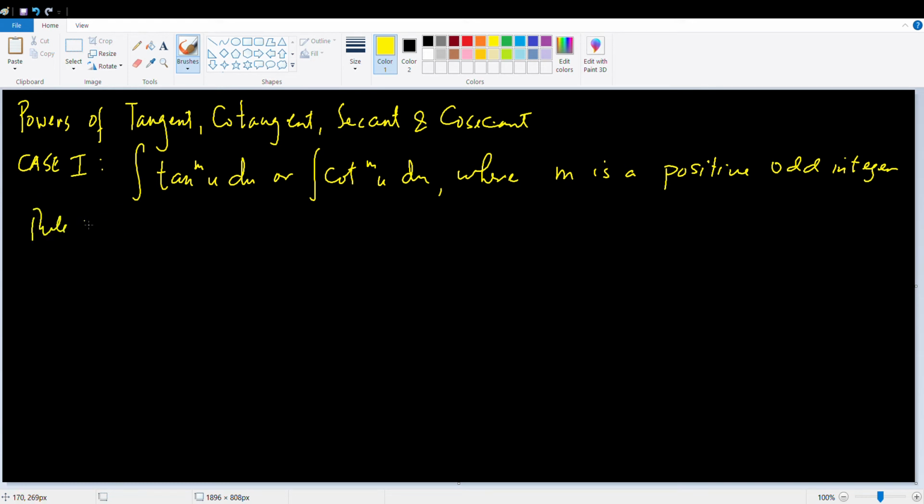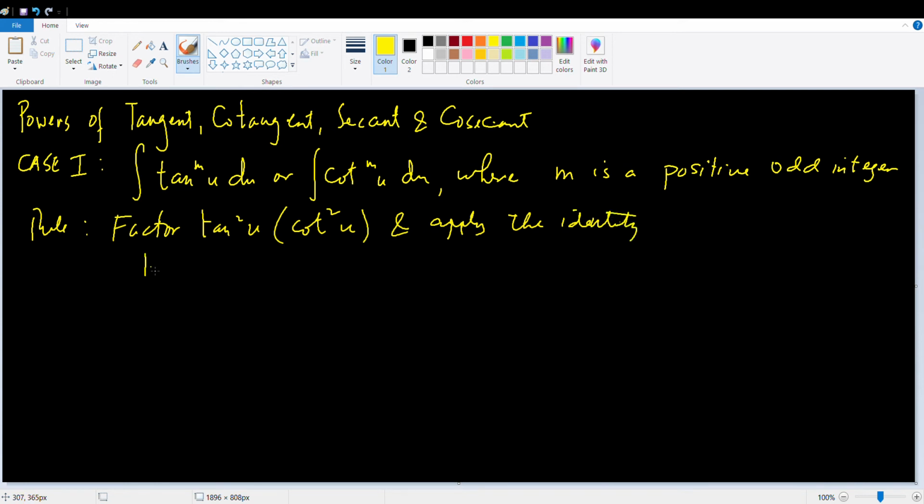So what is the rule here? You shall factor tangent squared u, or in the case of a power of cotangent, you factor cotangent squared u, and apply the identity 1 plus tangent squared u is equal to secant squared u, or 1 plus cotangent squared u equal to cosecant squared u.